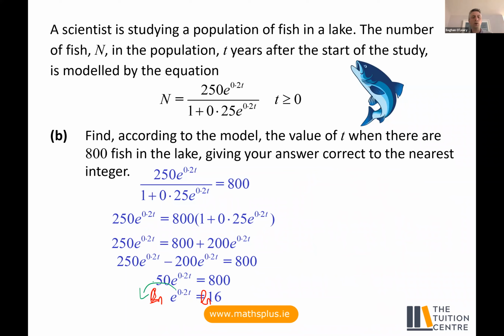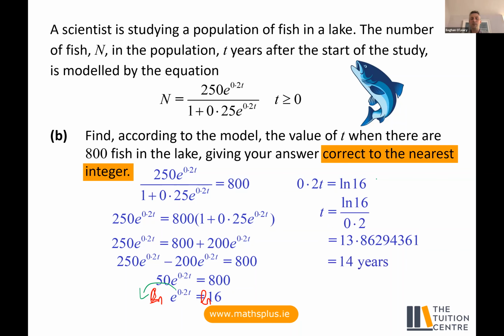So the power to the front law. Then I'd have ln of e, or log e to the base e, which is 1. And so I'd have 0.2t times 1. So I just have 0.2t is equal to ln of 16. And divide across by the 0.2, and I get the answer. And of course, I need this correct to the nearest integer, so it's 14 years.